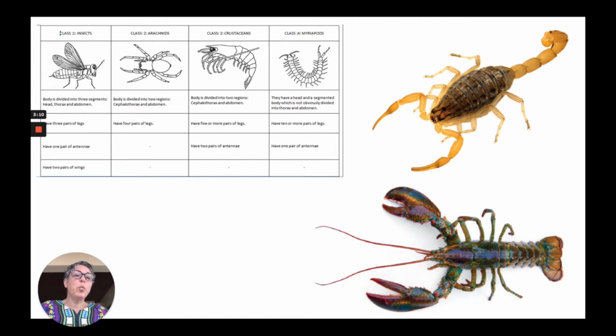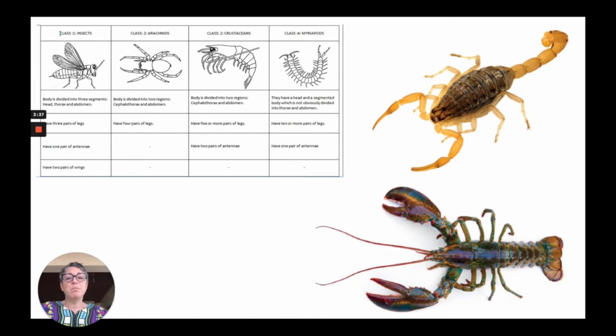So we've got what appears to be 5 pairs of legs. However, the front pair, the very large pincers that are there, are actually not legs. So if we look at the remaining legs, we have 8 legs, 4 pairs of legs. That tells us that this is an arachnid.